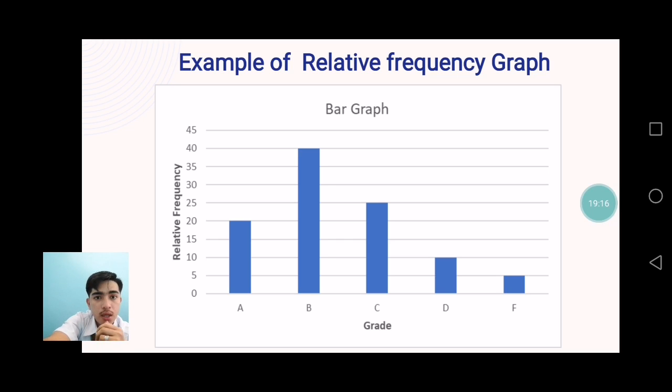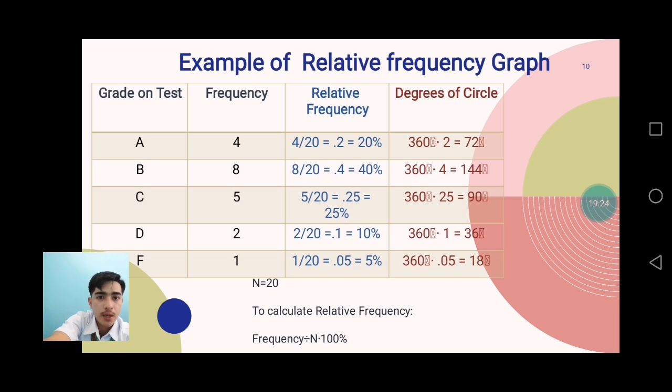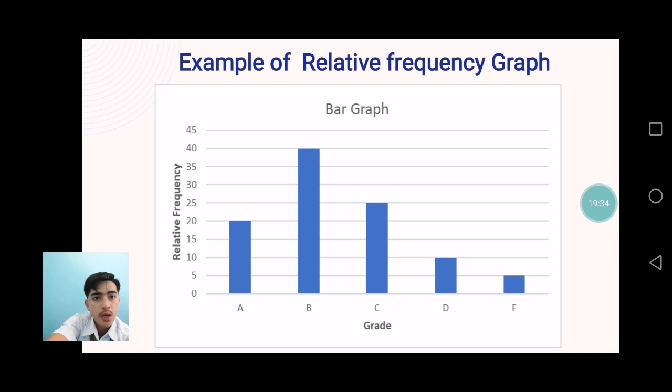In our example we have A, B, C, D, F as our grades, and the relative frequencies 20%, 40%, 25%, 10%, and 5%. So A is 20%, B is 40%, C is 25%, D is 10%, and F is 5%. So this is the bar graph.